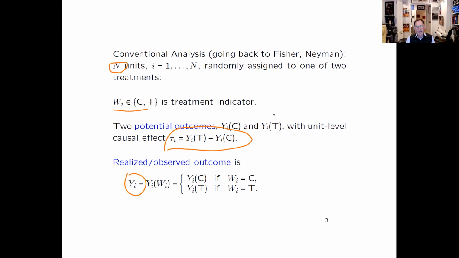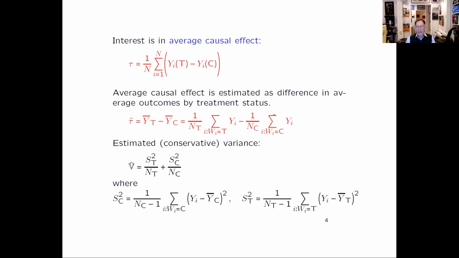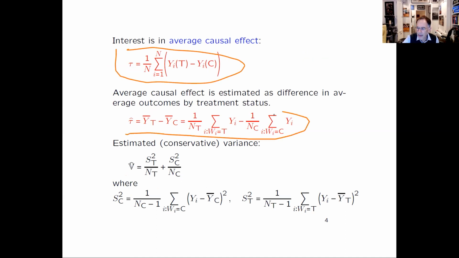But if we have a reasonably large number of units, we would then just try to estimate the average effect. We would estimate that using the difference in average outcomes for the units assigned to the treatment group minus the average outcome for the units assigned to the control group.